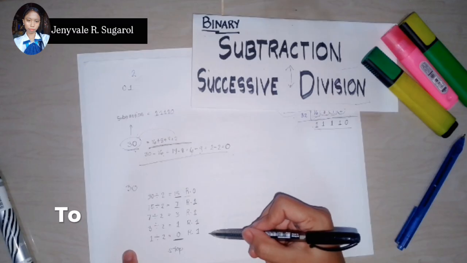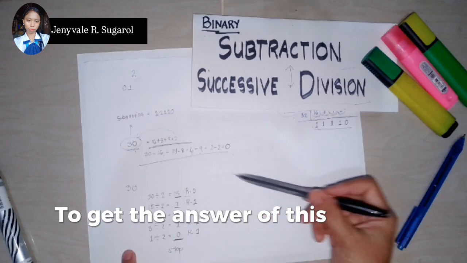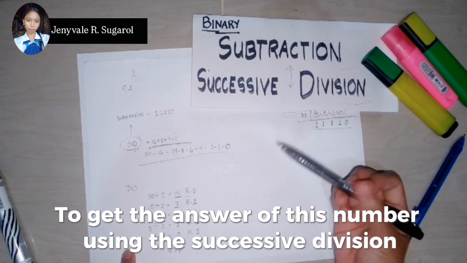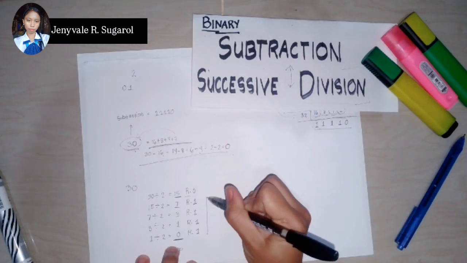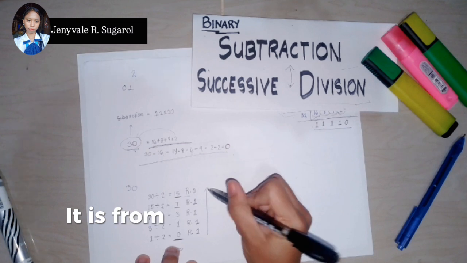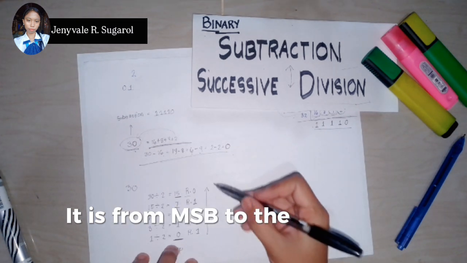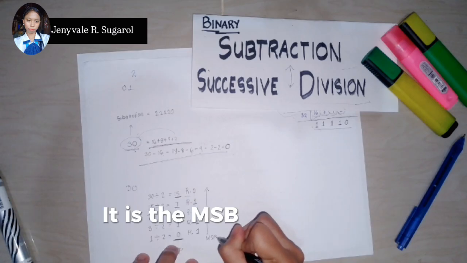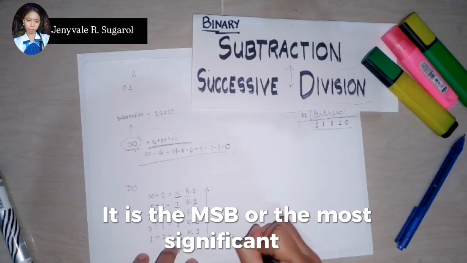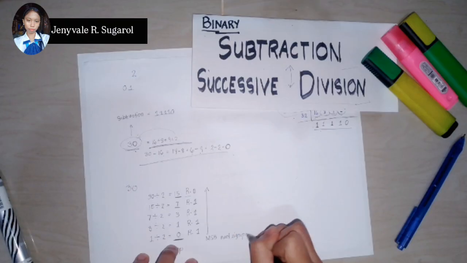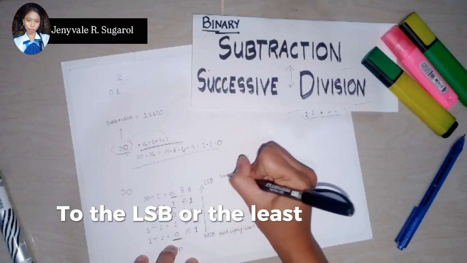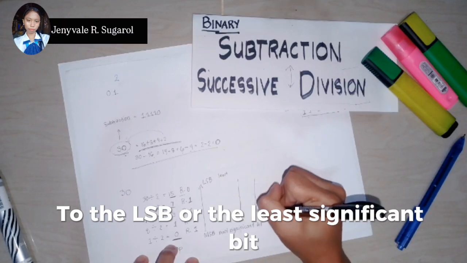To get the answer of this number using the successive division, it is from the MSB, or the most significant bit, to the LSB, or the least significant bit.